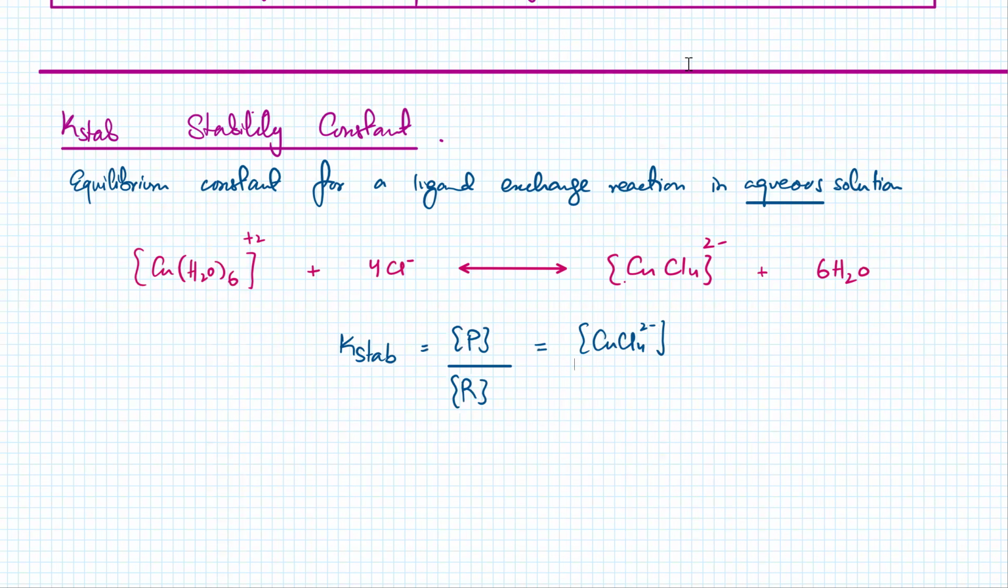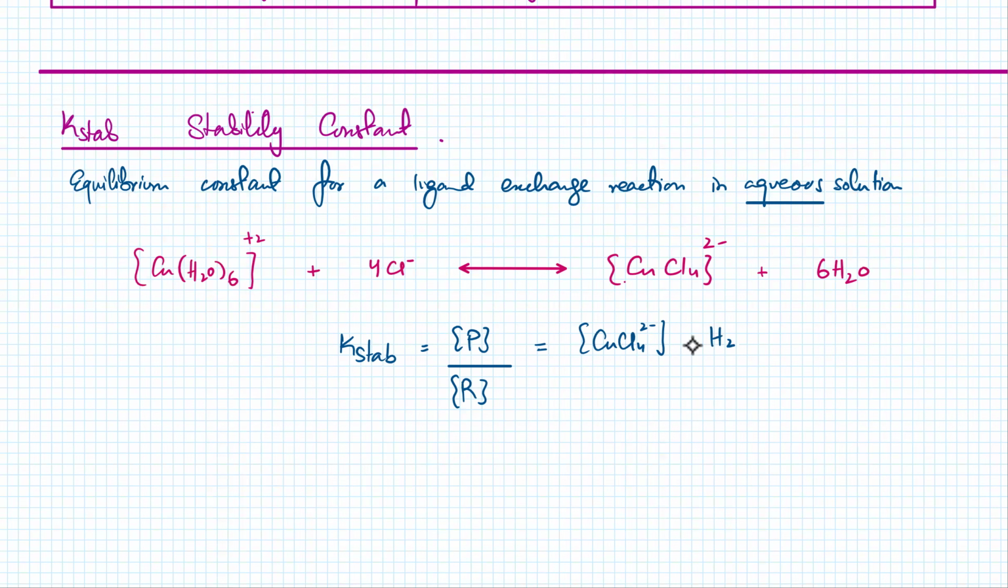Actually, remember one thing: square brackets have two different meanings. Square brackets represent complexes, but they also represent concentration as well. So when you use K stab and you want to denote concentration, you just use the concentration bracket. That's it.